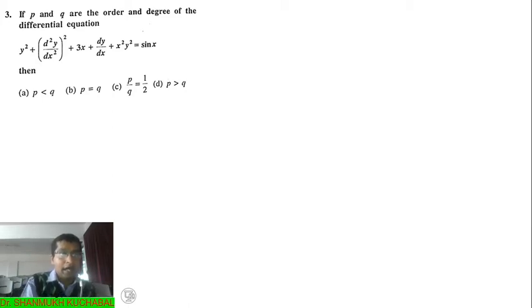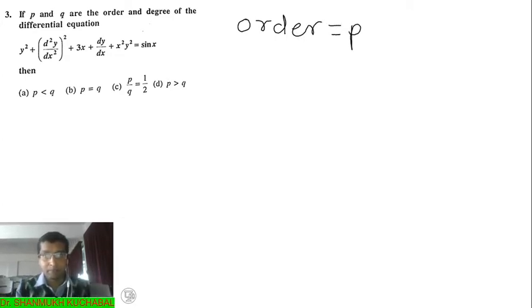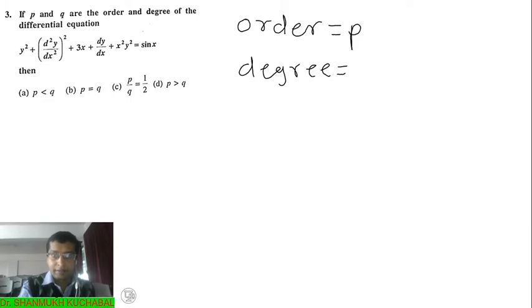Order means highest order, it is a second order, so P represents order, and degree is represented by Q. So order is second order, and degree means it is 2.